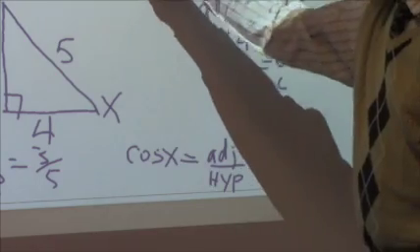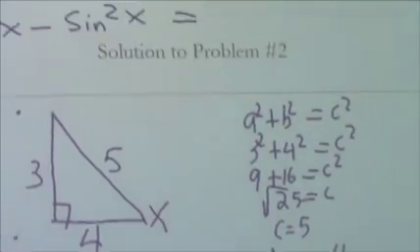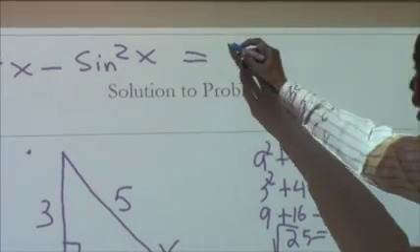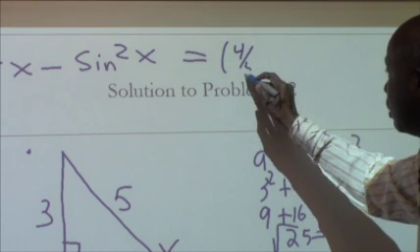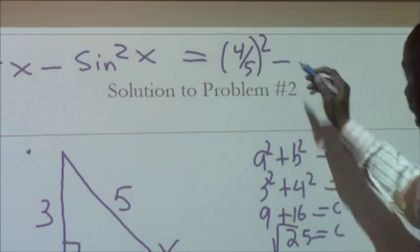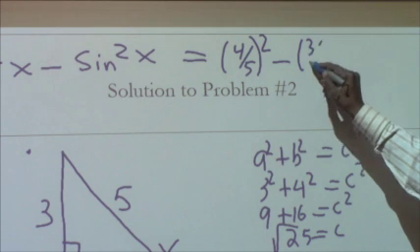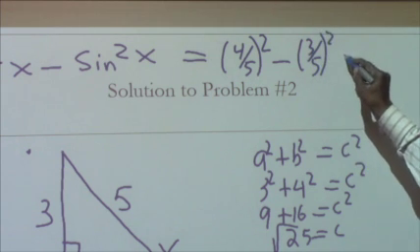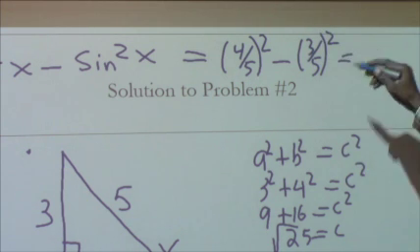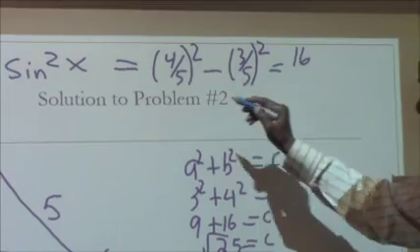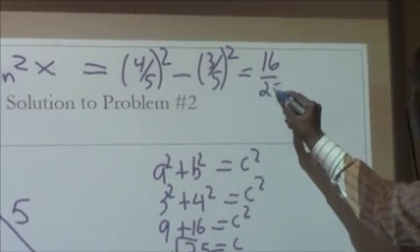So I'm going to go over here. It says cosine squared. What's my cosine? 4 over 5. So I'm going to do 4 over 5 squared minus, what is my sine? 3 over 5. So I do 3 over 5 squared. And what do I have? 4 squared is 16, 5 squared is 25.